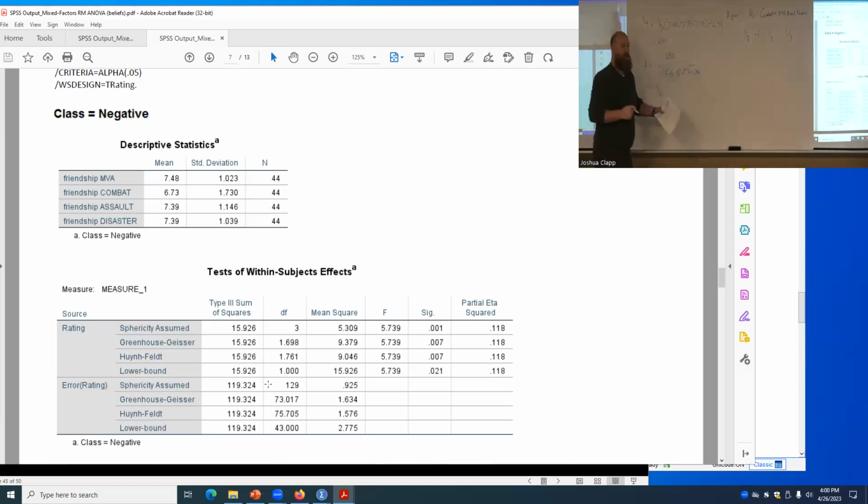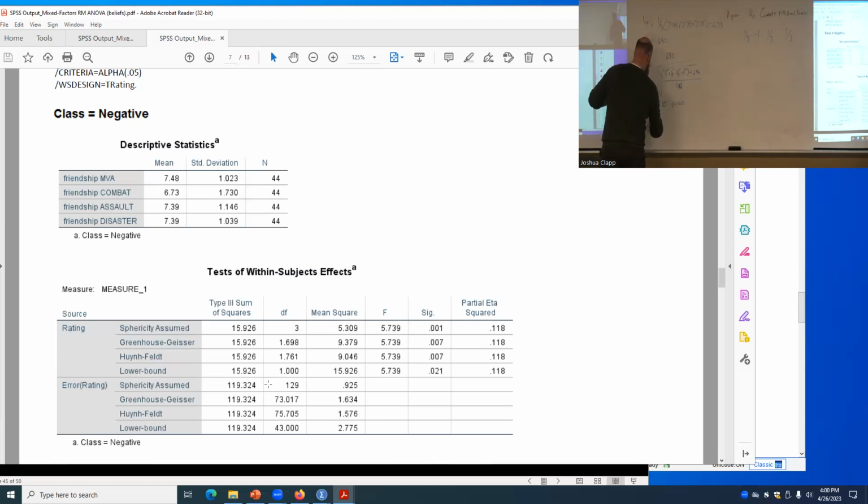And this formula, I'm not just making this up off the top of my head, it was in a previous slide. Over 44, this is the number of my sample here, so I do that and I get a T of 3.10 associated with P equals 0.003.